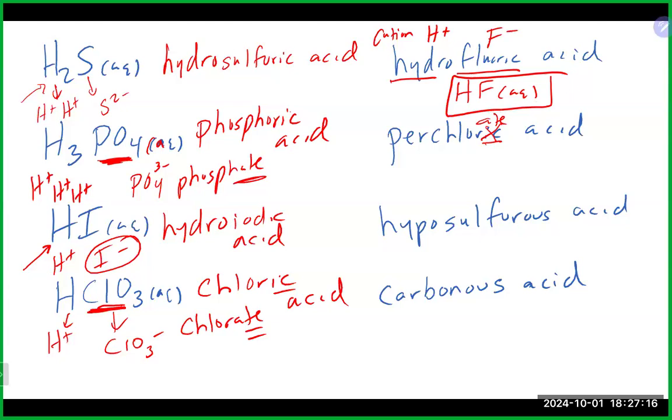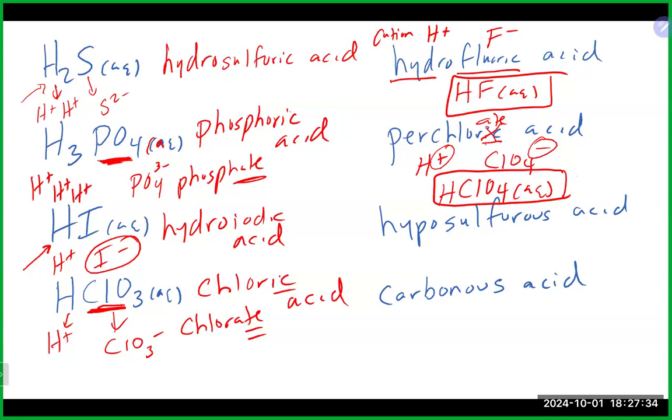So that is your polyatomic ion right there, perchlorate, which would be ClO4-. And again, always for acids, our H plus is our cation. So now we're just going to put those together, HClO4 with an aqueous symbol. So you can scratch out the name, put an ate or an ite, and it'll tell you the name of the polyatomic ion if you can't really figure it out from the name. Any questions on that there?